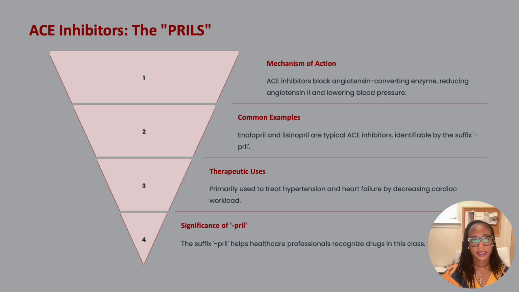Some common examples: enalapril and lisinopril are typical ACE inhibitors, identifiable by the suffix pril, as I mentioned before. Therapeutic use: primarily used to treat hypertension and heart failure by decreasing cardiac workload. The suffix pril helps the healthcare professional recognize a drug in this class.